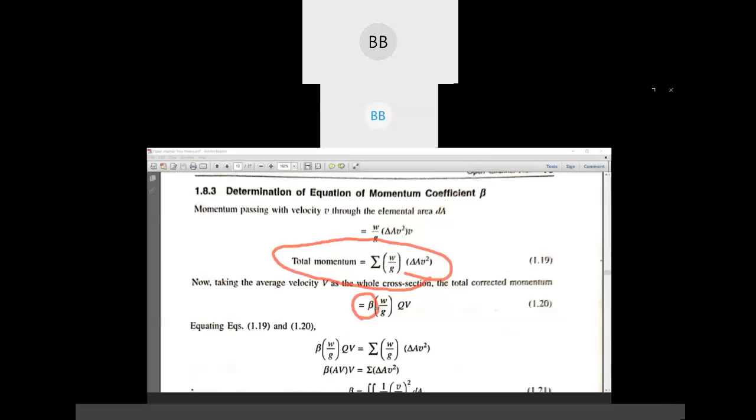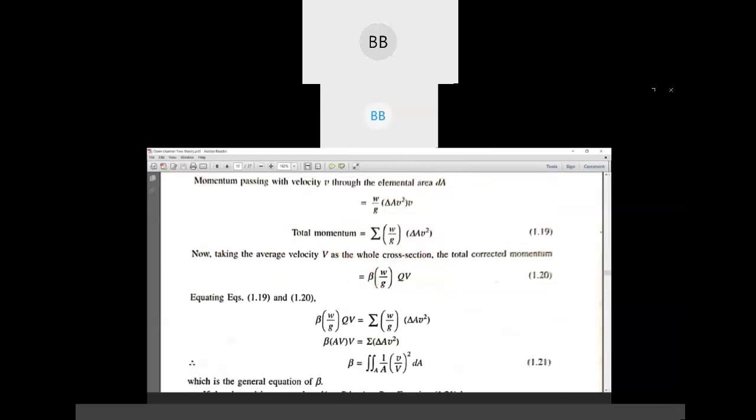When you use that coefficient for the energy equation, it is called alpha. So alpha is for the energy equation and beta is for the momentum equation. The purpose is the same. So we have calculated the total momentum, and this is our corrected momentum for the whole cross section.